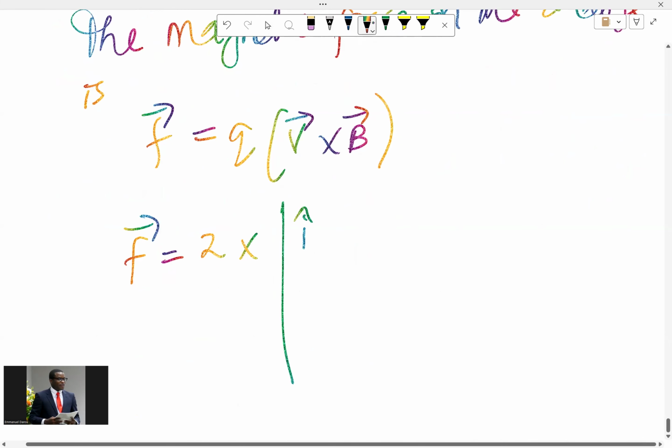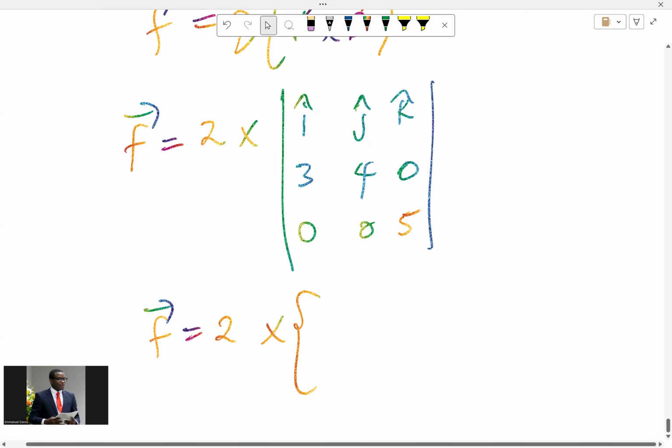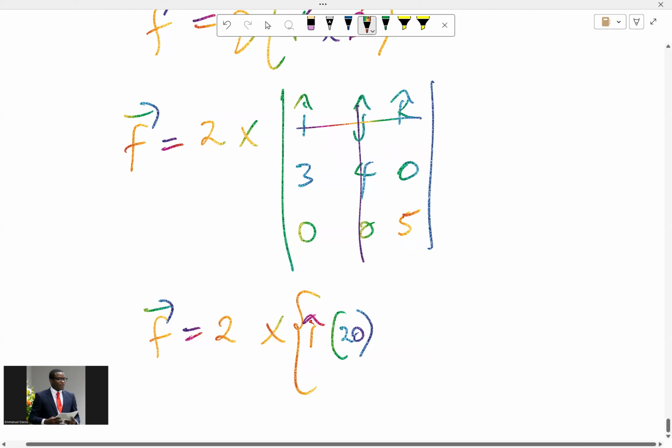Now let's do the whole determinant again. We have done that a couple of times, so it should be easy. We have I, of course, plus goes with that. So cross this and cross that. That will be 4 times 5, that's 20, minus 0, that's 20. Then J has a minus. Cross the row, cross the column. 3 times 5 is 15. So that's minus J into 15 minus 0, that's 15.